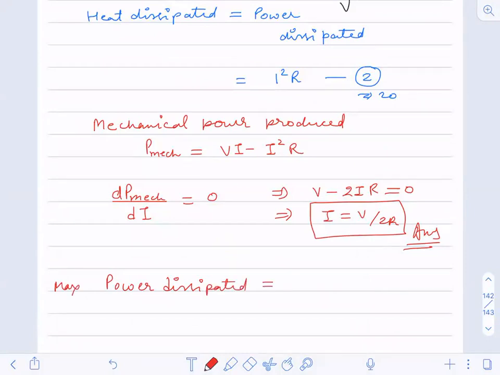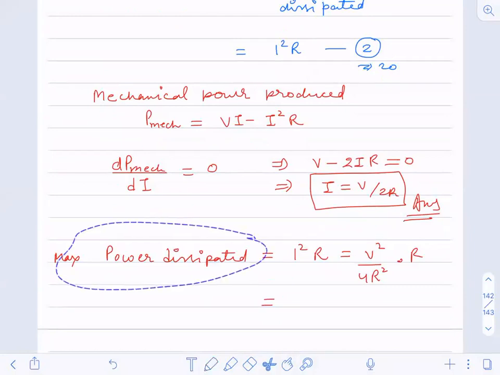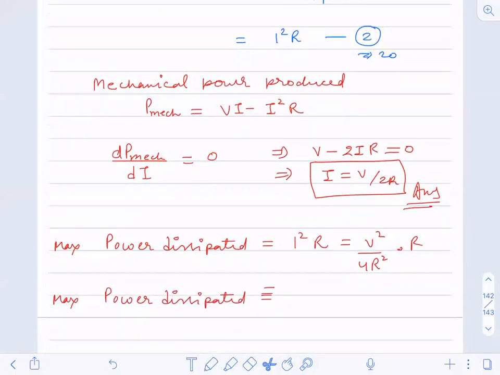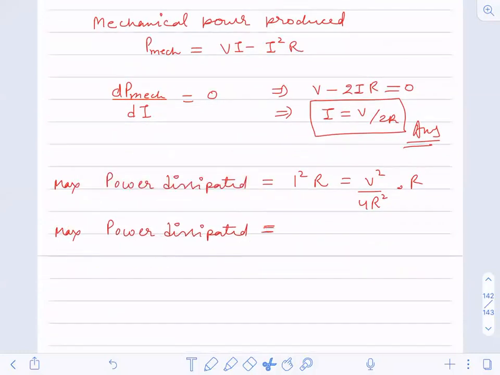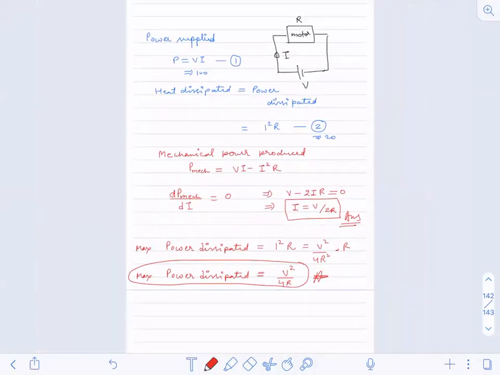It will be written as I square into R. Just substitute the I value here, so you will have V square by 4R square into R. So the maximum power dissipated will be V square by 4R. This is also a very important relation. I hope you have understood this.